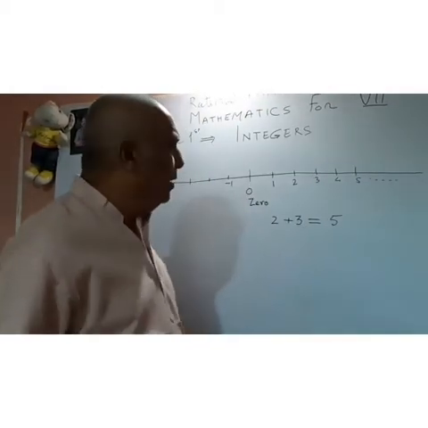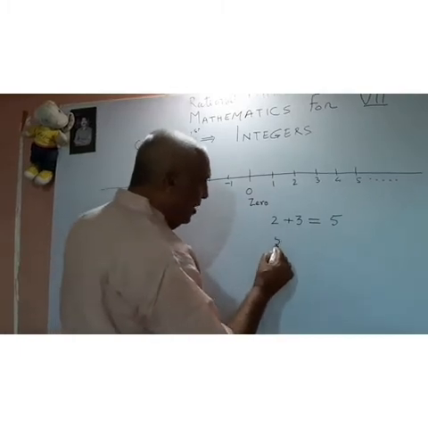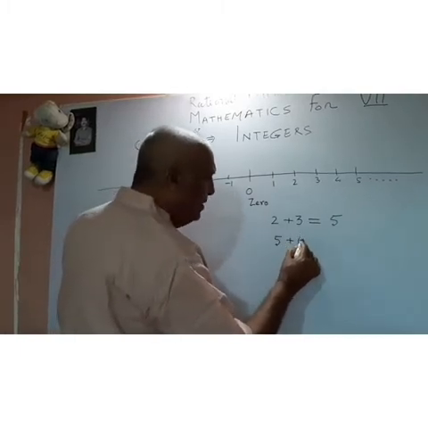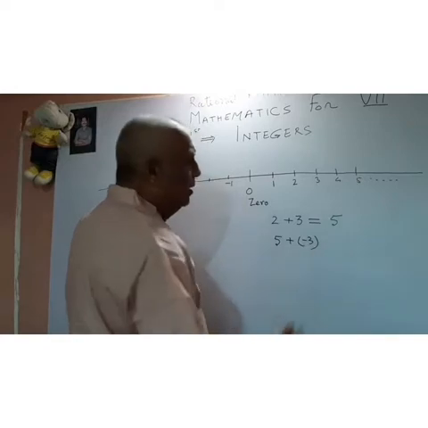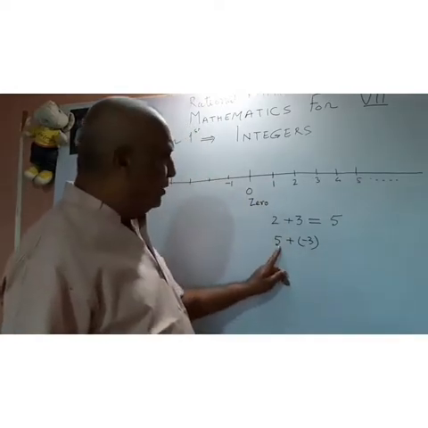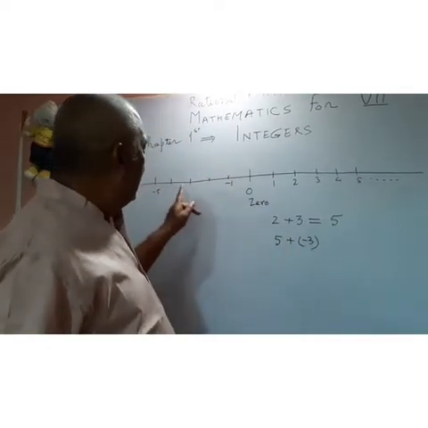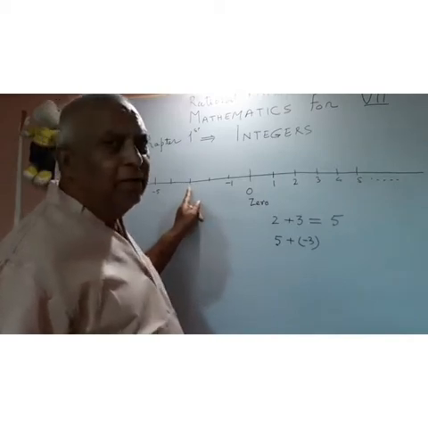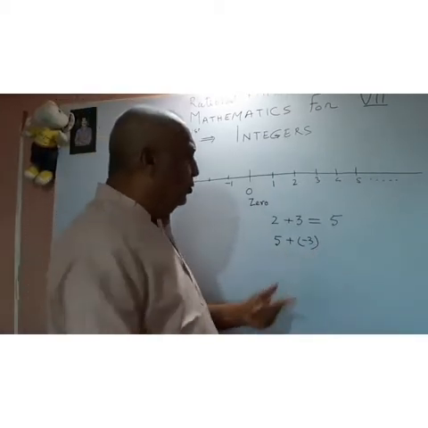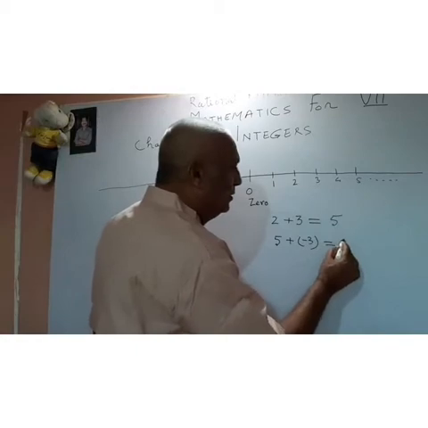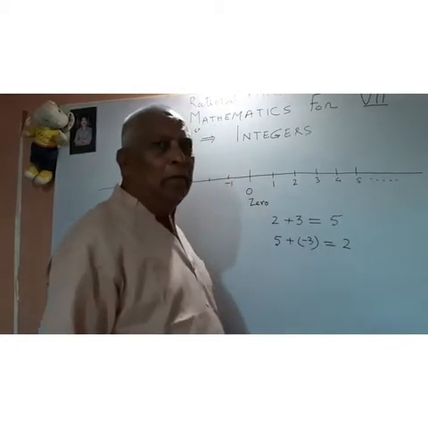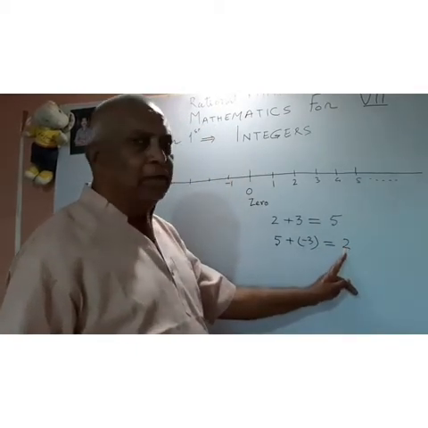In the same way, if you add 5 to -3, 5 is positive integer and -3 is negative integer. If we add these two, we get how much? 2. This is integer.